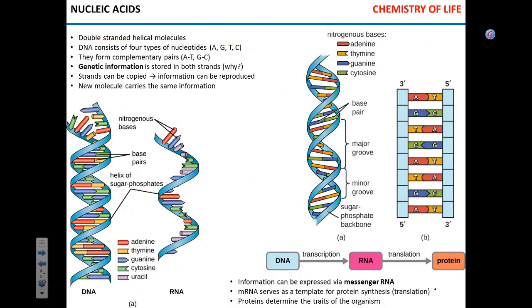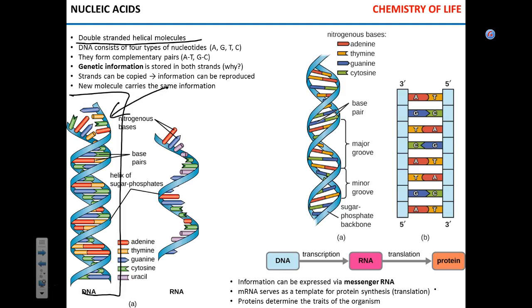Now, the second really big class of molecules that I want to mention are nucleic acids. Later in the course, in the second unit, we're going to pay really close attention to two of them: DNA and RNA. So DNA is a double-stranded helical molecule. All DNAs in a cell are double-stranded helices, like this one in the picture.